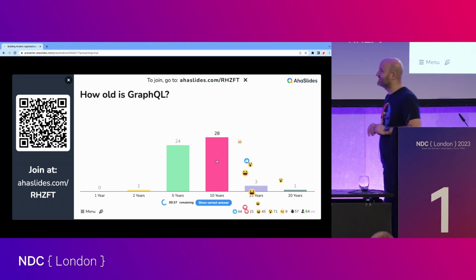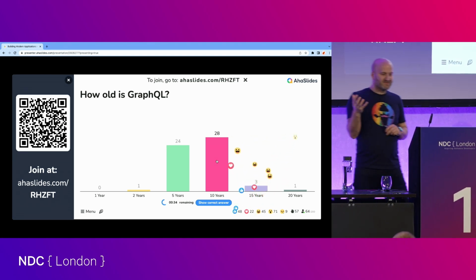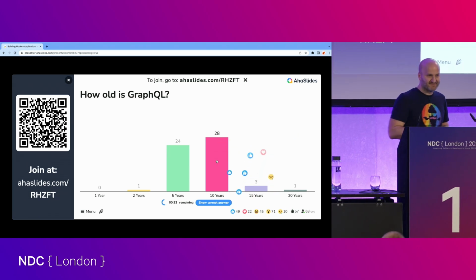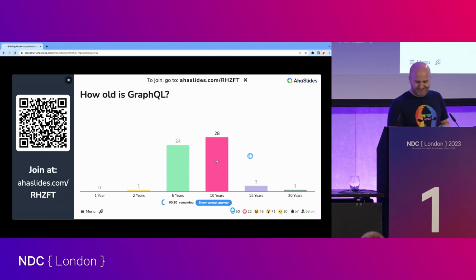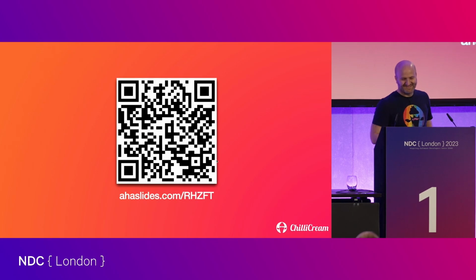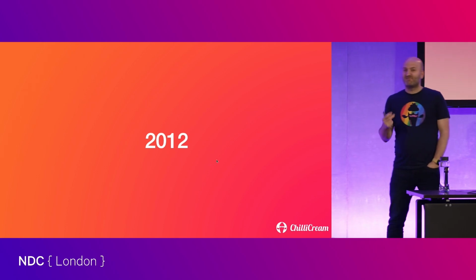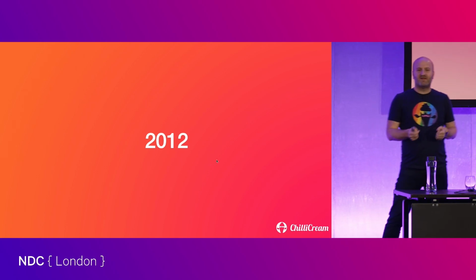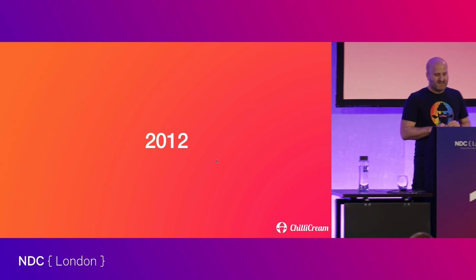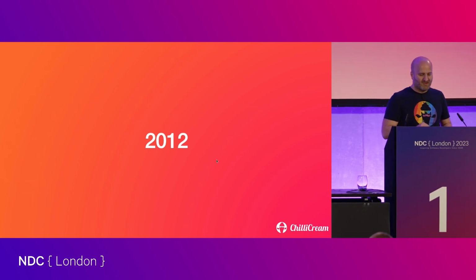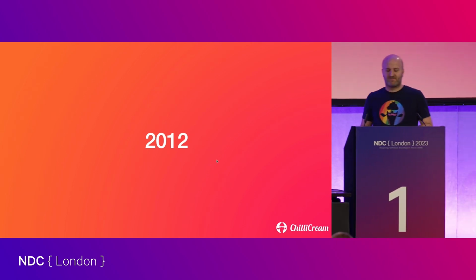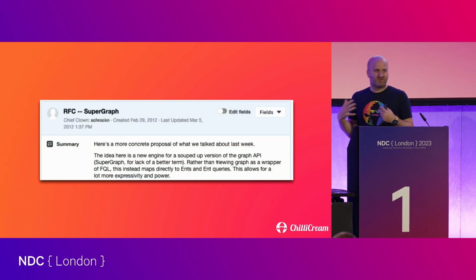So a lot of people think it's 10 years, and the other bucket is more around 5 years. Let's have a look. So actually in 2012 was the year when Facebook used GraphQL in production. So they started actually developing it earlier, but 2012 was when they merged it into production.